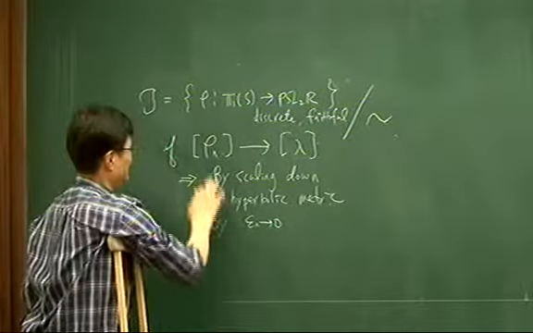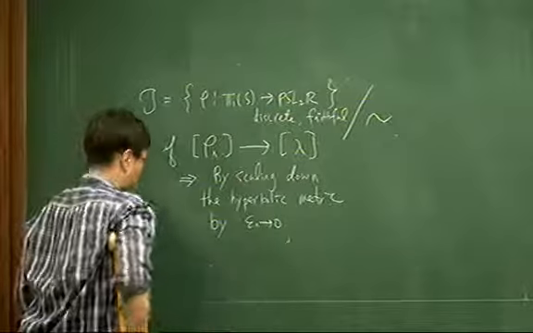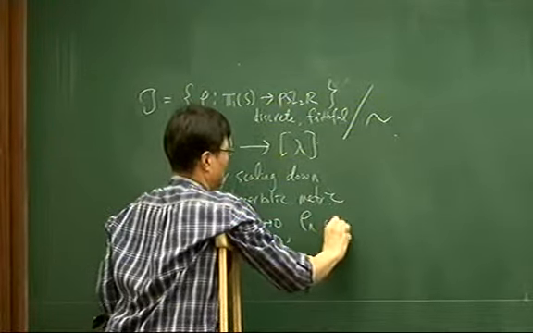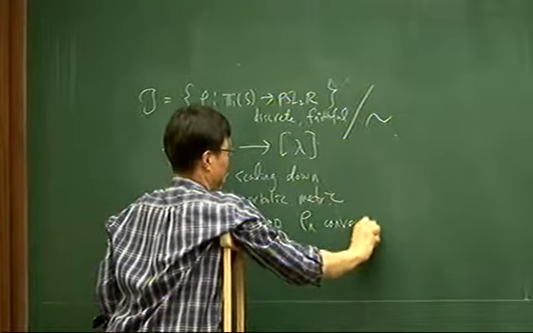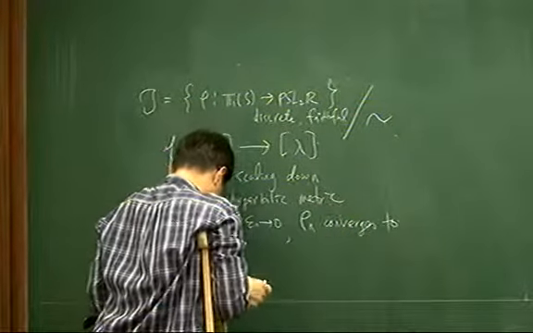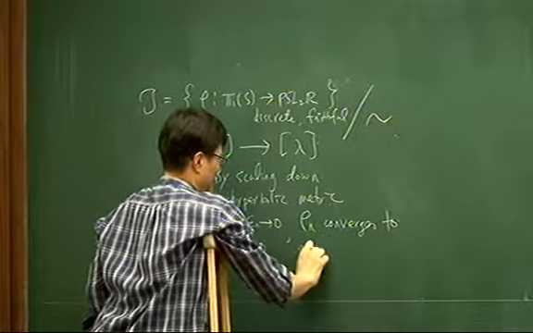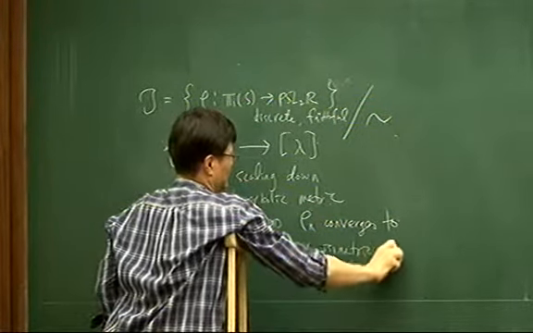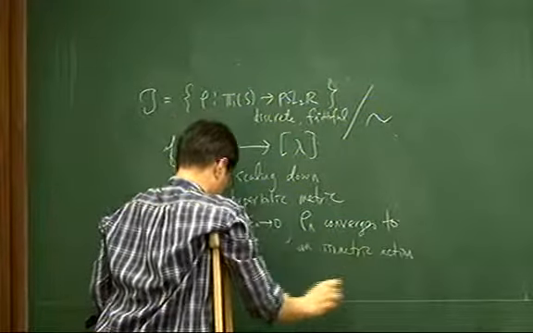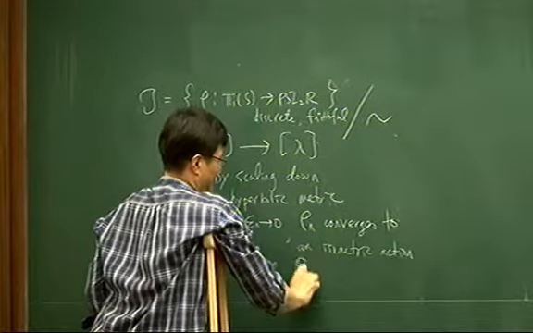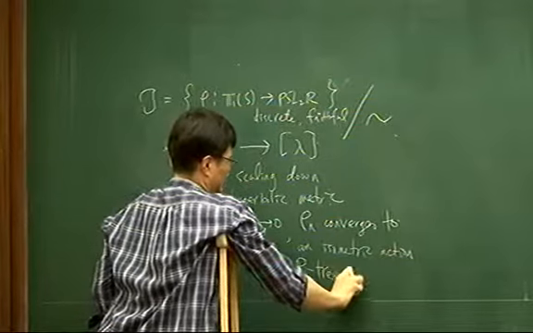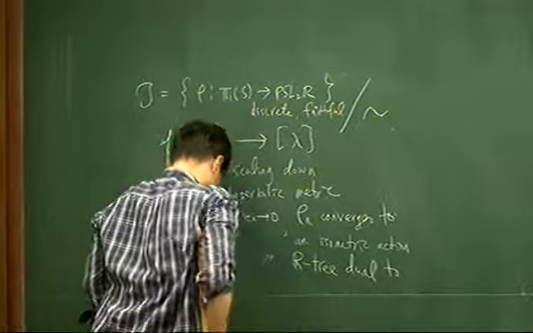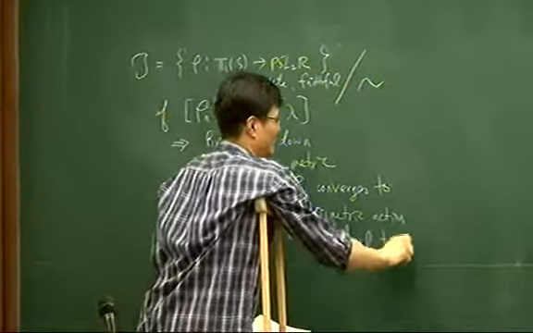Then in this situation, what happens is rho n converges to an isometric action on R3 dual to lambda.